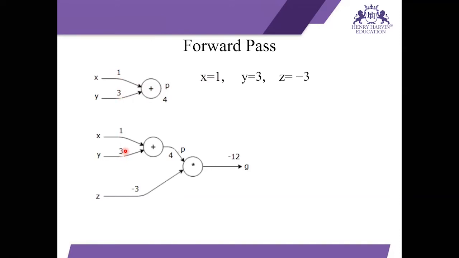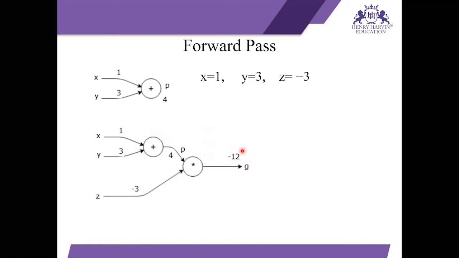Now look at this. We already got this output, that is 4, and we know that the value of z is minus 3. Here we use the multiplication operator. So this is 4 into minus 3, which gives us the output g as minus 12.